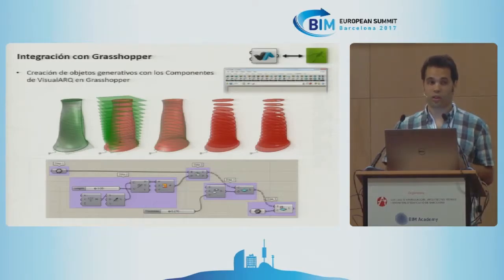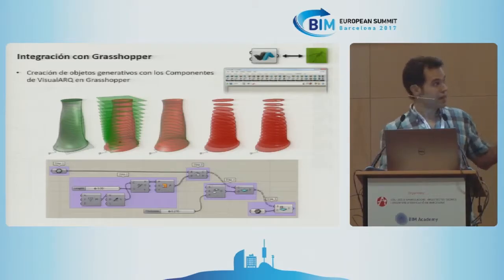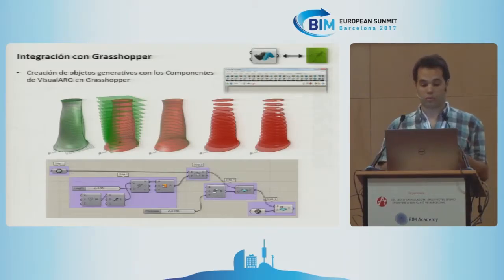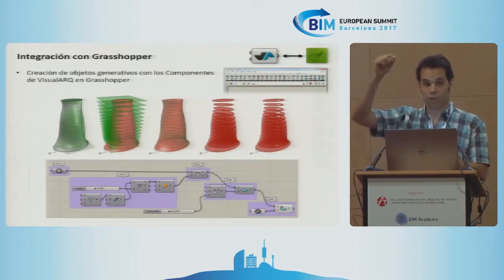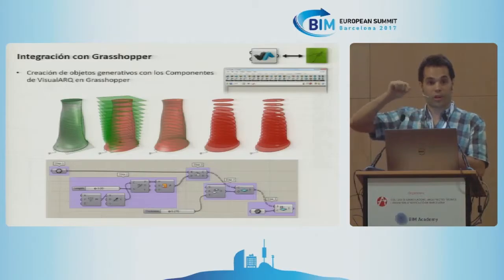Flexible also, actually, for the ones not familiar with Grasshopper, is a visual algorithmical editor, and Visual Arc is integrated in Grasshopper. All the objects of Visual Arc can be created from Grasshopper. In this example, you can see a general routine in Grasshopper, and from a solid you get the height, and it's divided into a number of points.